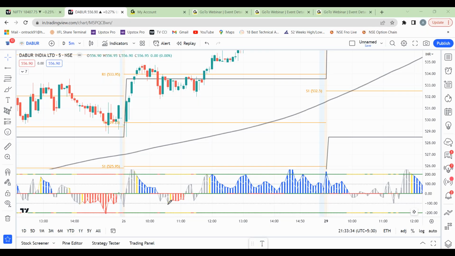When you follow all the parameters in the trades which I've shown in live market, most often it will not go wrong. And any trade which does not work in our direction, we will exit with very small stop loss. That we follow strictly in all our trades.